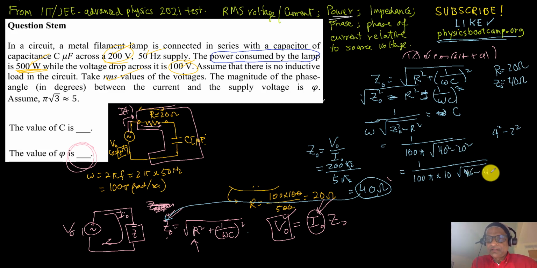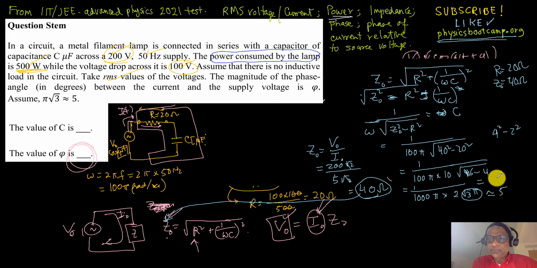So this is square root of 12. So 1 over 1000 pi square root of 12, which is 2 square root of 3 times pi, and this one they say is take that equal to 5.